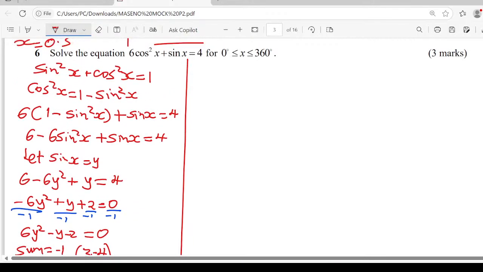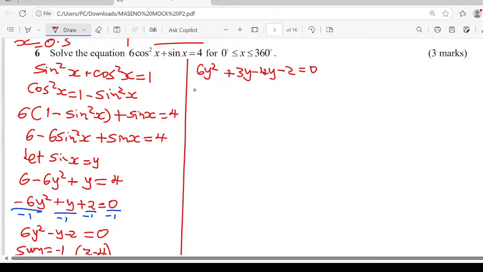So I'm going to have 6y squared plus 3y minus 4y, then minus 2, giving a 0.